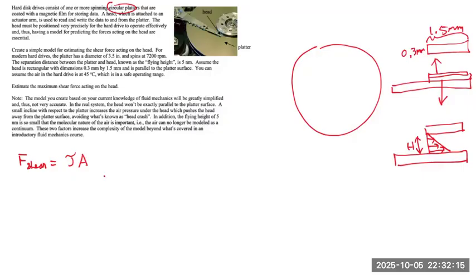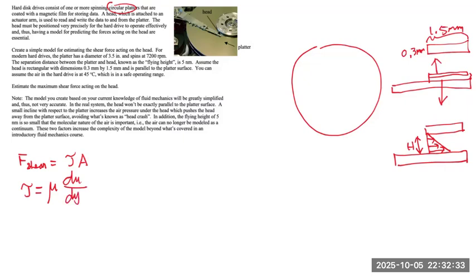So as you see here, tau, which is the shear stress for a Newtonian fluid in this case, is going to be represented by the dynamic viscosity mu times du over dy.